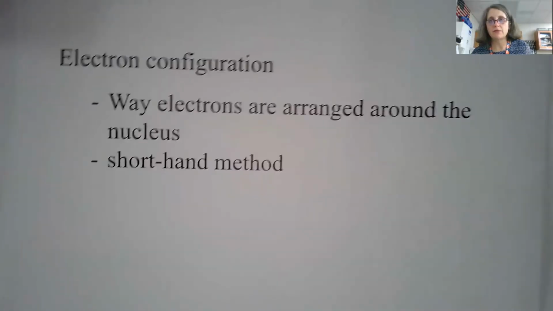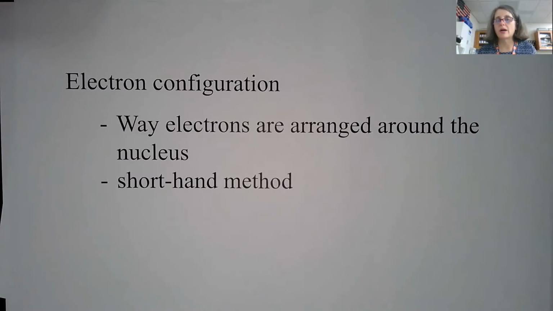So in my next video, you are going to learn about what we call electron configuration using the block system. Electron configuration is a way for us to shorthand writing out exactly where all of the electrons are located. So they, again, start with energy level 1 and you work yourself out.